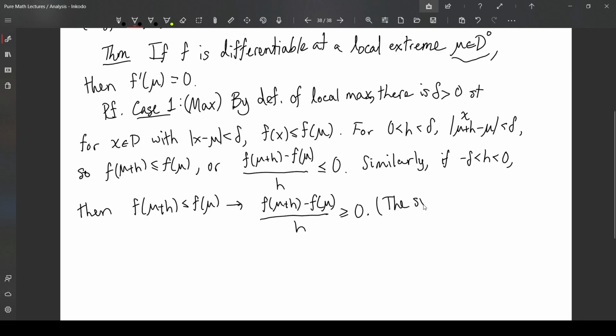So just to elaborate, the sign flips because of division by a negative quantity.